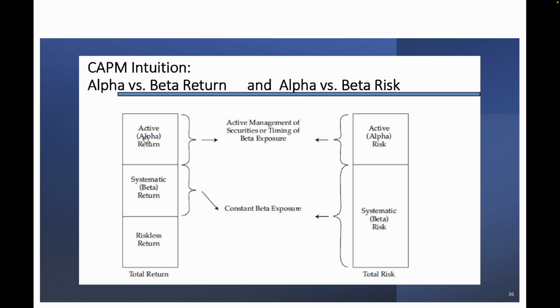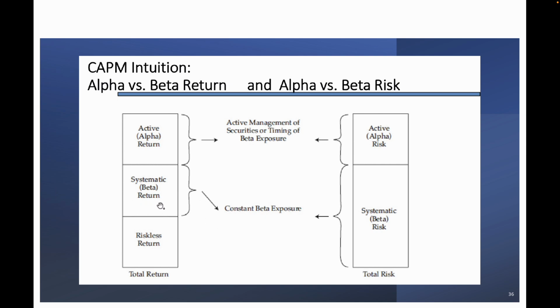And then we have an alpha component. And that is called an active return, or it's also called abnormal. Why abnormal? Because normal means the security market line, CAPM, holds.